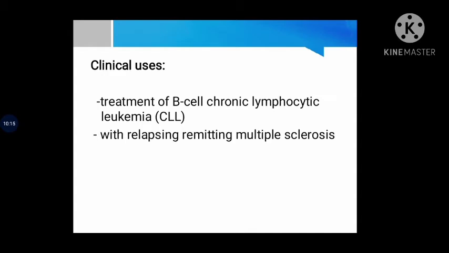So alemtuzumab also appears to deplete leukemic cells by direct antibody-dependent lysis. More recently, alemtuzumab was approved by the EU for the treatment of patients diagnosed with relapsing remitting multiple sclerosis. In the latter, alemtuzumab depletes autoimmune inflammatory T and B cells while the drug is in the circulation.